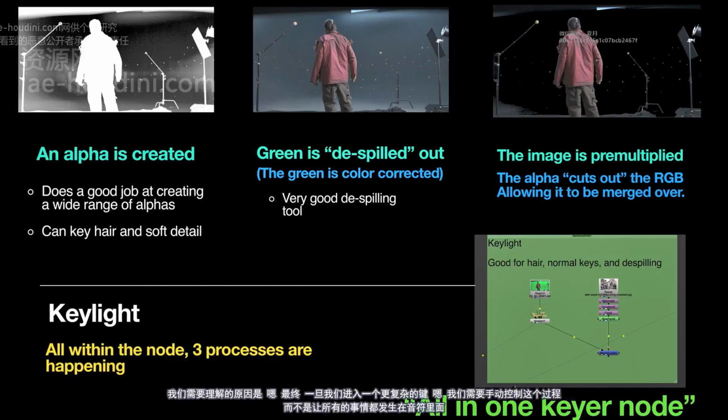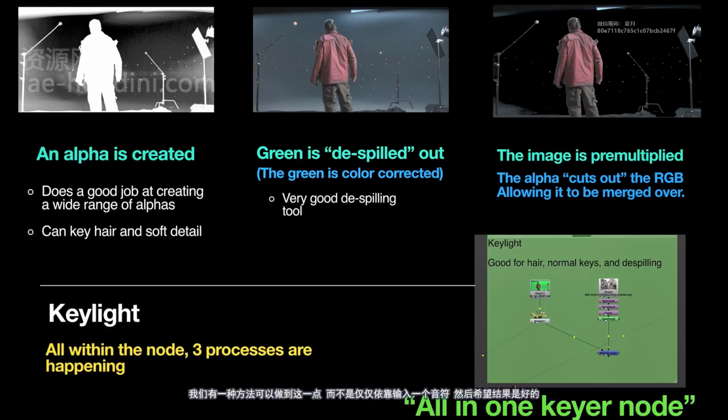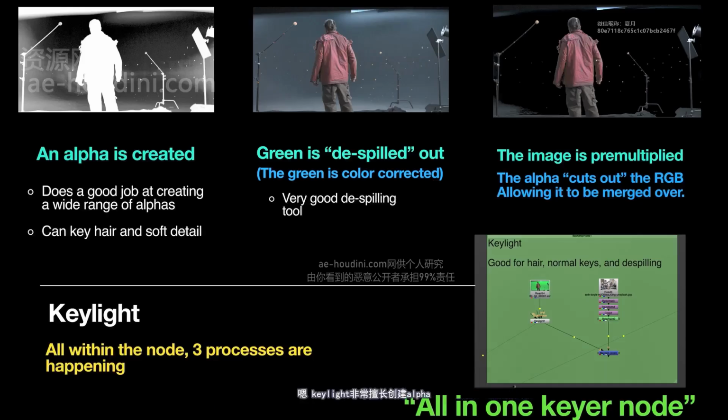And the reason we need to understand that is because eventually, once we get into a more complex key, we're going to need to control this process manually instead of letting everything happen just inside the node. So there's a way we can do that and not just rely on plugging in the node and hoping that the result is good. So Keylight specifically is really good at creating alphas.